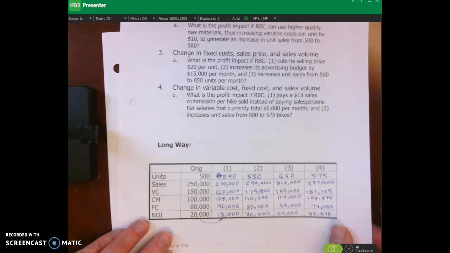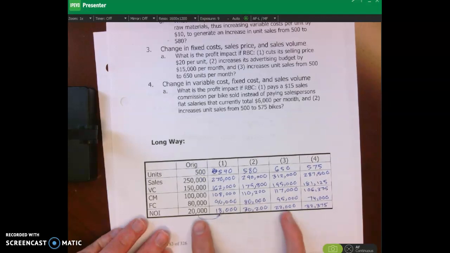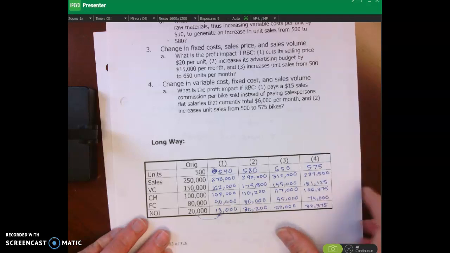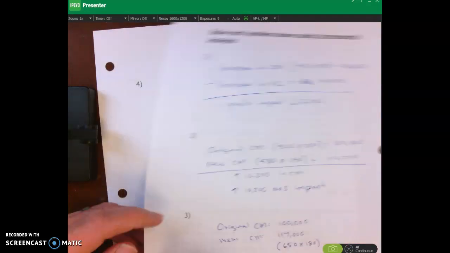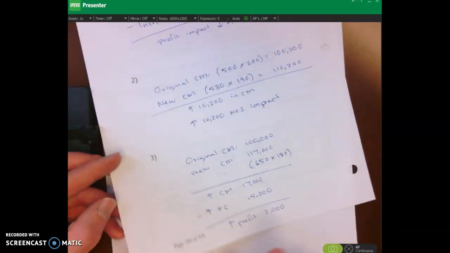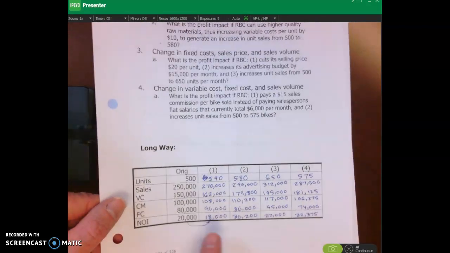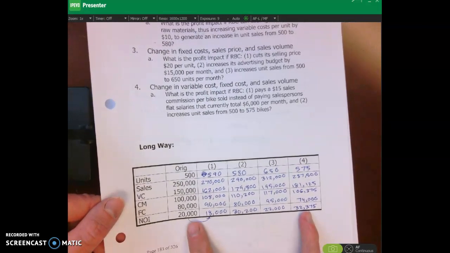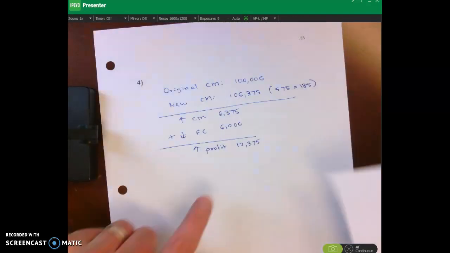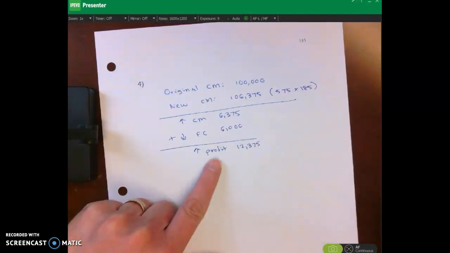Okay. The other thing is, let's look at number 3. We have a profit impact. You can see went from 20,000 to 22,000, increased by 2,000. Here's the shortcut way, increased by 2,000. Same thing over here. Profit impact is an increase of 12,375.